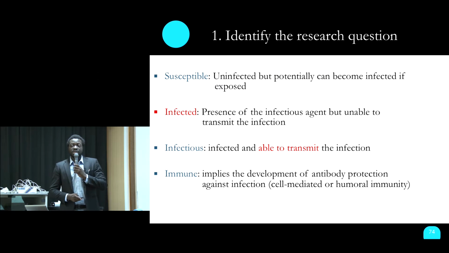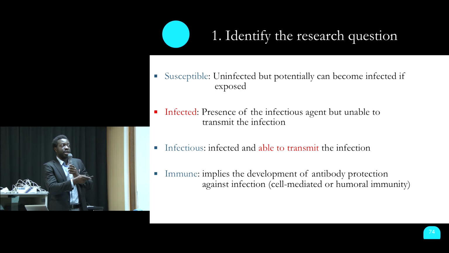So this is just for you to remember again. Susceptible is someone who's not infected, but who can potentially be infected if he's exposed, if he's in contact with someone who is infectious. Infected is someone who has the infectious agent, but he cannot transmit the infection to other people.